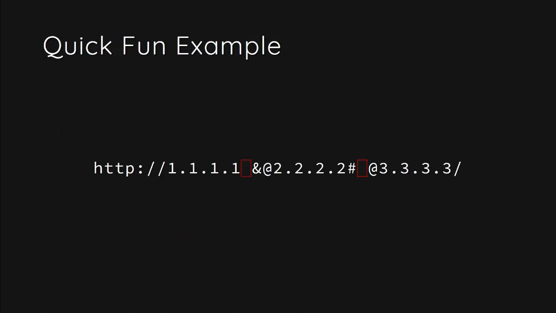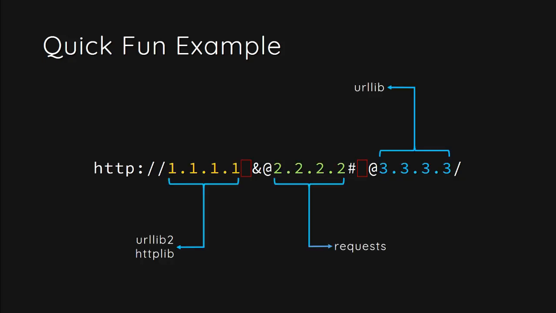Let's start with a fun example. Think about this URL. The red square is the space. So, which address is Python going to access? You have 5 seconds to put the answer in your mind. Okay, here is the answer.